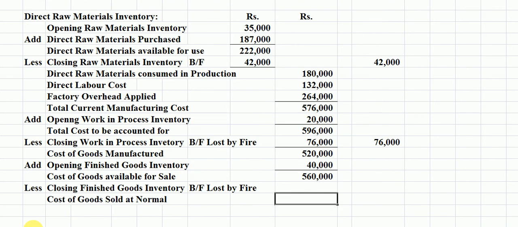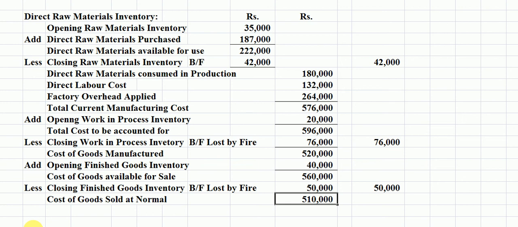Now we take the difference between both values. Then we find the closing finished goods inventory easily. Students, this is 50,000 rupees, the closing finished goods inventory amount. This is the balancing figure lost by fire.